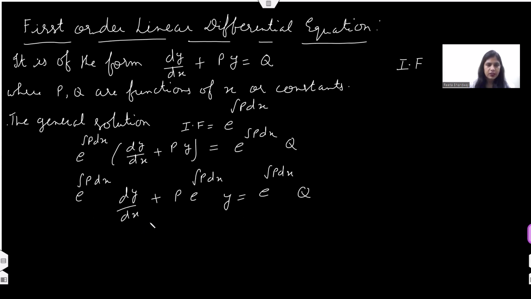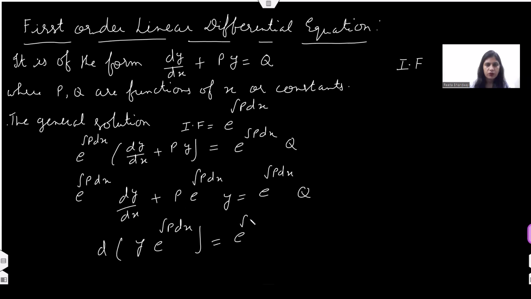Now we can see this left hand side is becoming the exact derivative of y. If you use the product rule of differentiation, you can see that this becomes the exact derivative of the function y into e raised to power integration p dx.